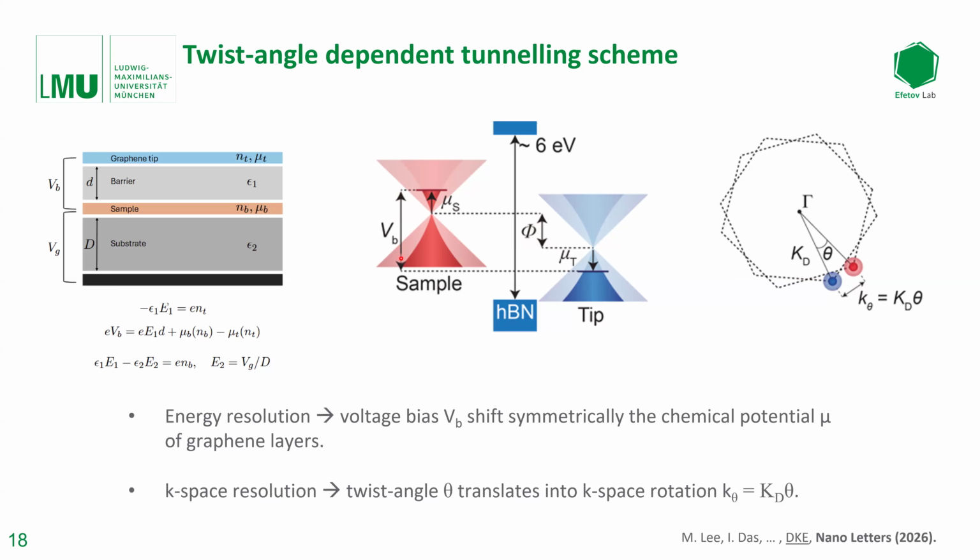So by applying bias voltage, we effectively shift the Fermi energies of the two layers and allow tunneling between energy and momentum matched conditions.